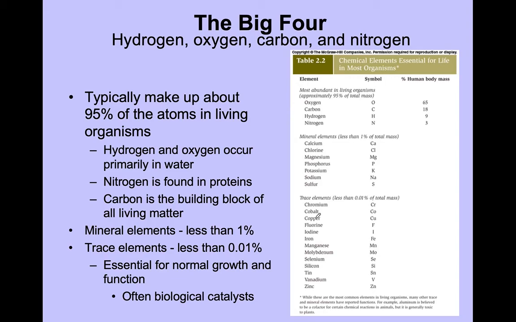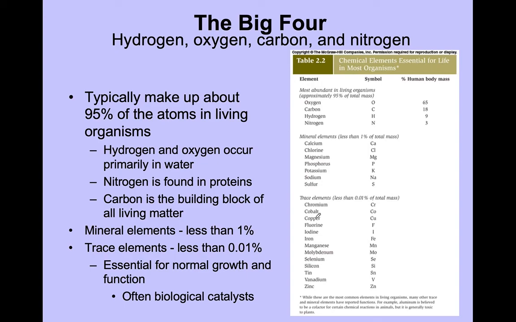These four elements make up approximately 95% of the atoms that are found in living organisms. Hydrogen and oxygen occur in water and in carbohydrates. Carbon occurs in all four of them. I'm sure everyone's heard we are carbon-based organisms.